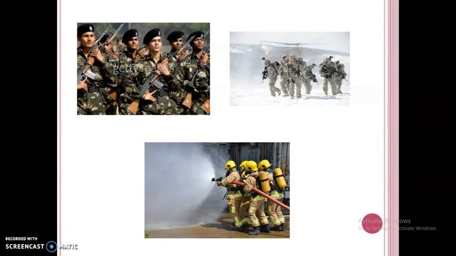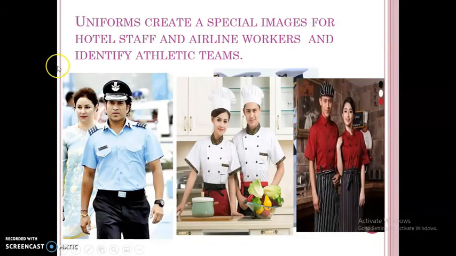For example, we can identify different students by their uniform, that they belong to a specific college or school. These images show you the identification roles of a navy personnel, a restaurant owner, other airline workers, or athletic teams.